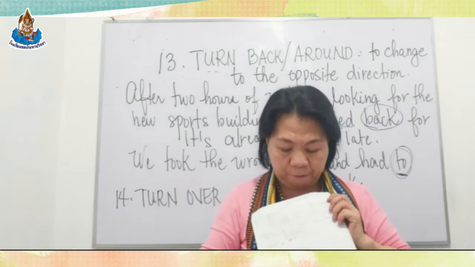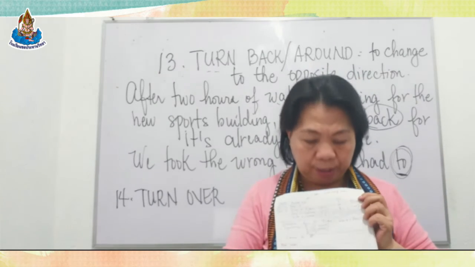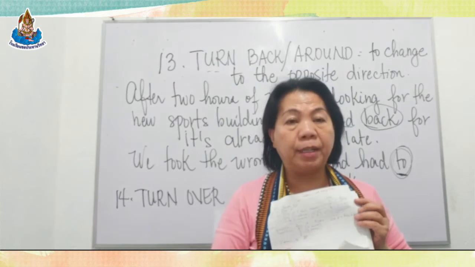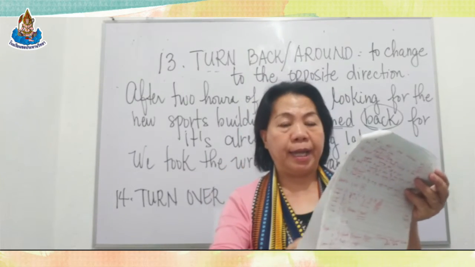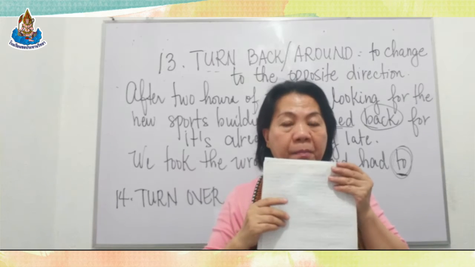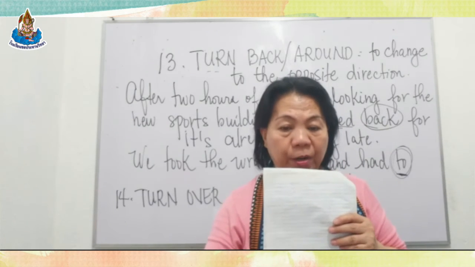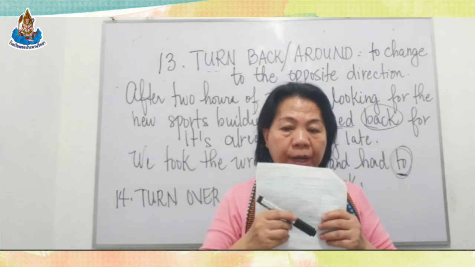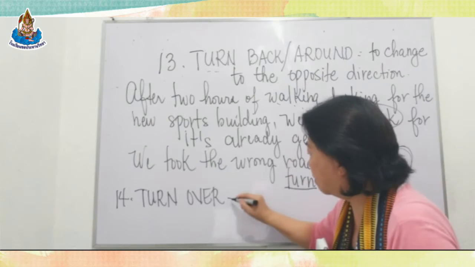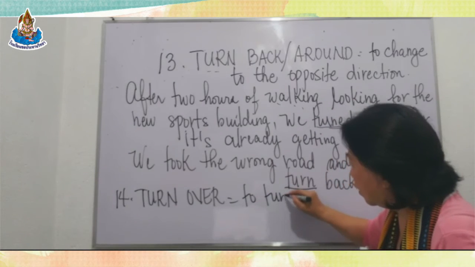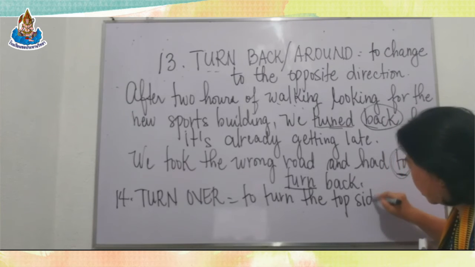For example, after writing on this portion and you still need to continue, what do you do? You need to turn over and then use the back part of the paper. That is just the simple meaning of turn over. It means that you're going to turn the top side to the bottom.